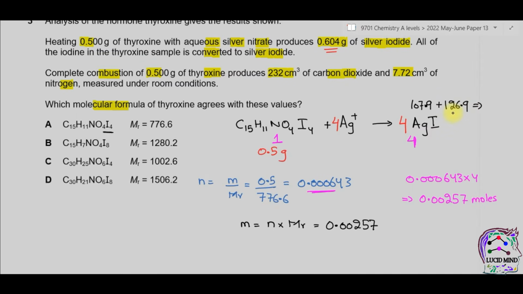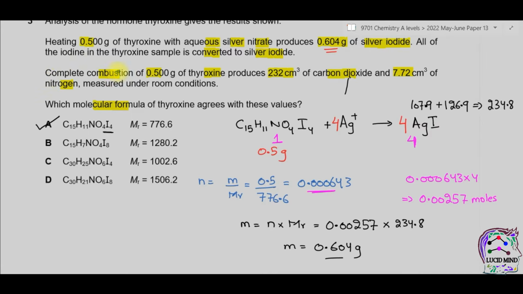Together the molecular mass comes equal to 234.8. So now we can multiply this with 234.8. The mass in grams of silver iodide formed is equal to 0.604 grams. So this value is exactly similar to the one given in the question. So we can say that A could be correct.